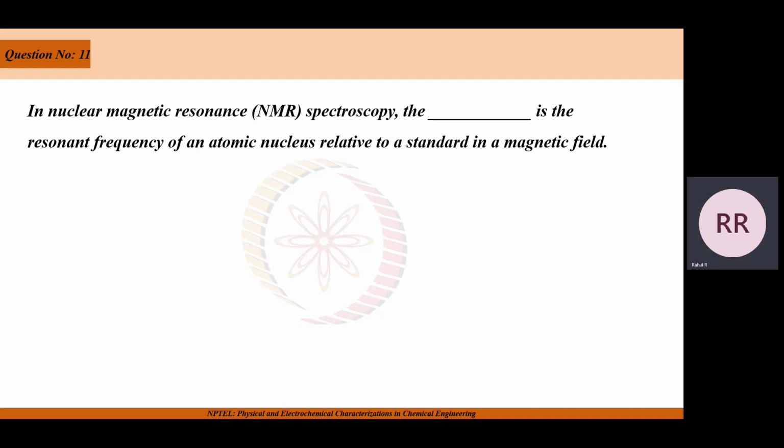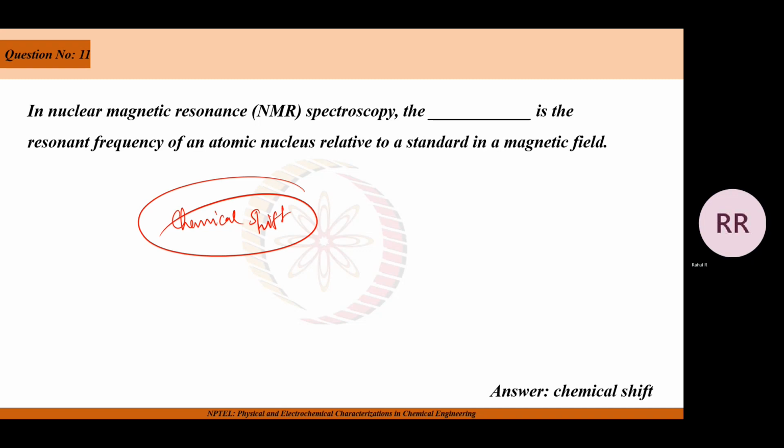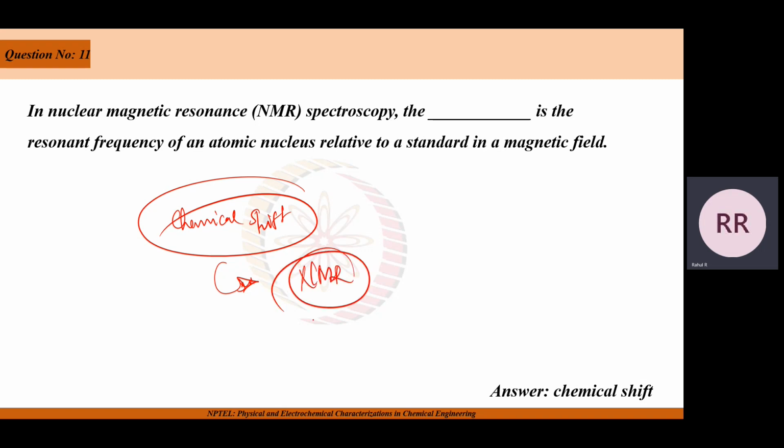I hope you guys got enough time to discuss the answer. So the answer to this question is the chemical shift. Chemical shift is a parameter which is basically measured in NMR spectroscopy.